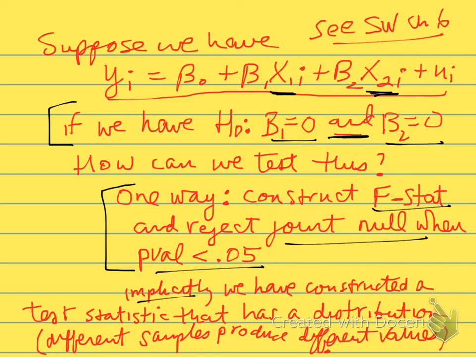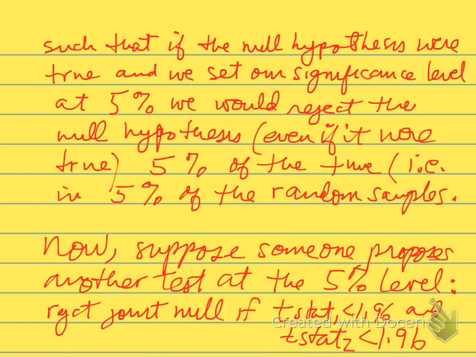Implicitly here, we've constructed a test statistic that has a distribution. It has a distribution because different samples produce different values of this test statistic. So we've constructed this test statistic, the F-stat, that has a distribution across different samples.